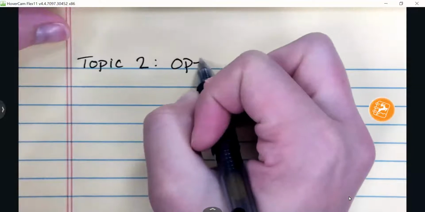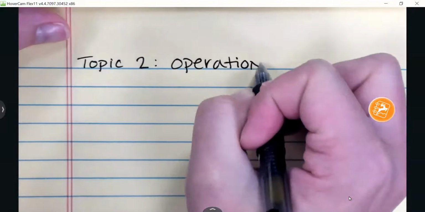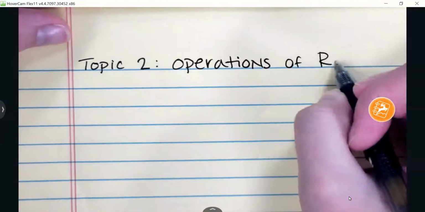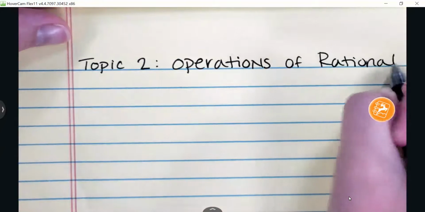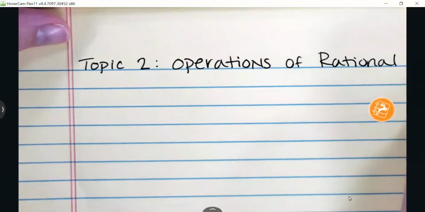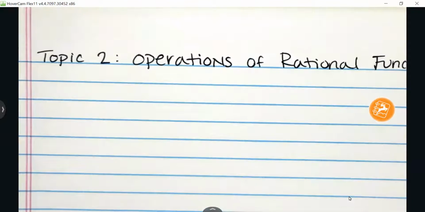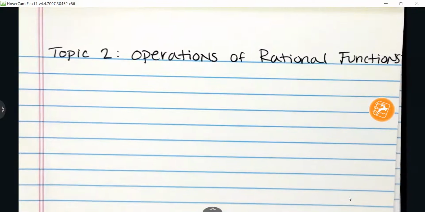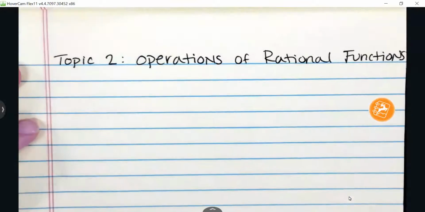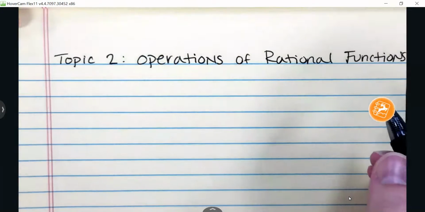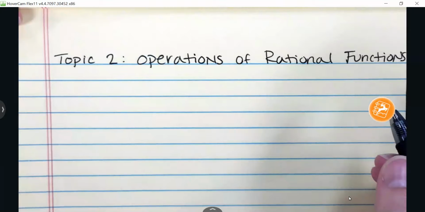So at the top of your paper, you want to write topic 2. This is still operations of rational functions. Just to prepare you for pre-calc. So we're going to talk about two things. We're going to talk about multiplication and division.